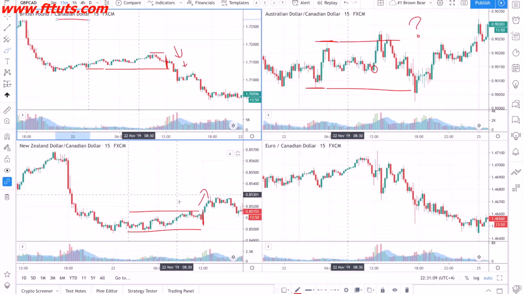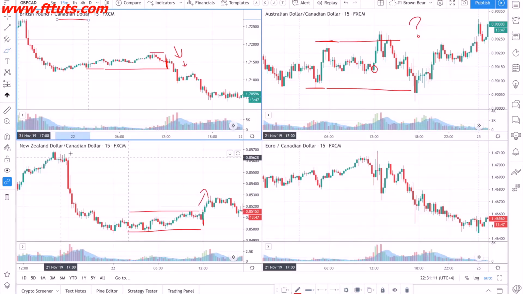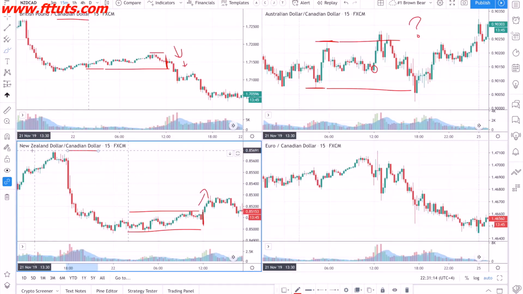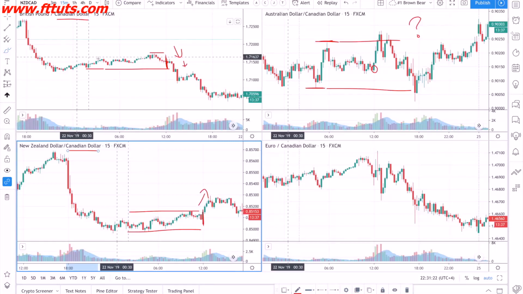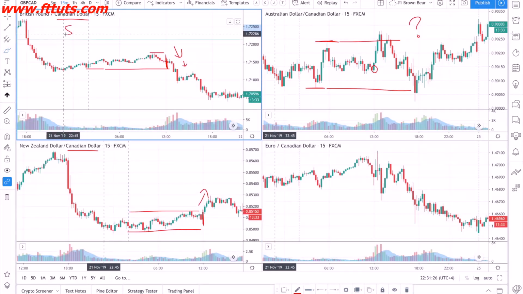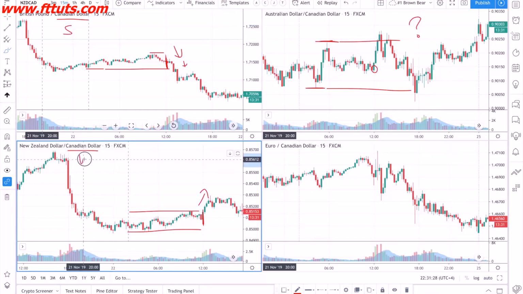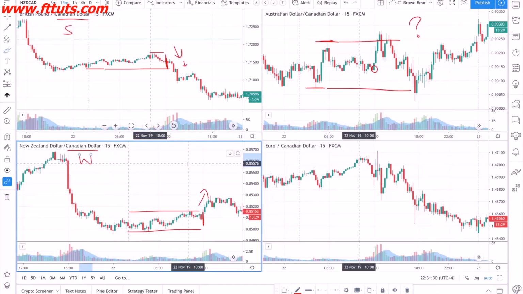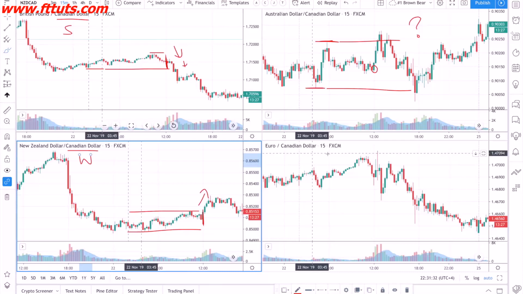But if it goes to the upside, it means CAD is weak. New Zealand is strong, which means CAD is weak. So notice the difference on the CADs. Even though it's the same CAD, here CAD is strong, but in this one it says CAD is weak. Interesting.